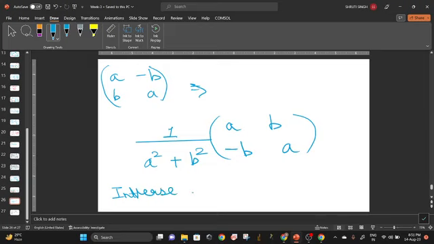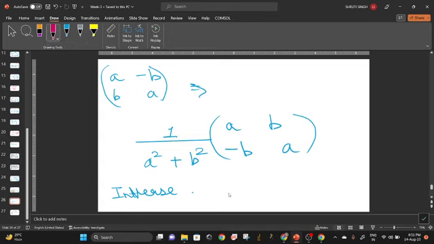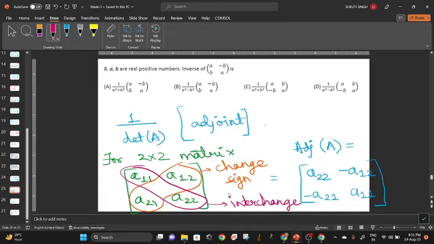Okay. Ma'am, this trick that you just said, the same trick they have applied in the third assignment question. But this trick will not be applicable if there is any complex number. Yes, first it should be a 2 cross 2 matrix. For 3 cross 3 you have to go by the long method only, finding cofactors and all.